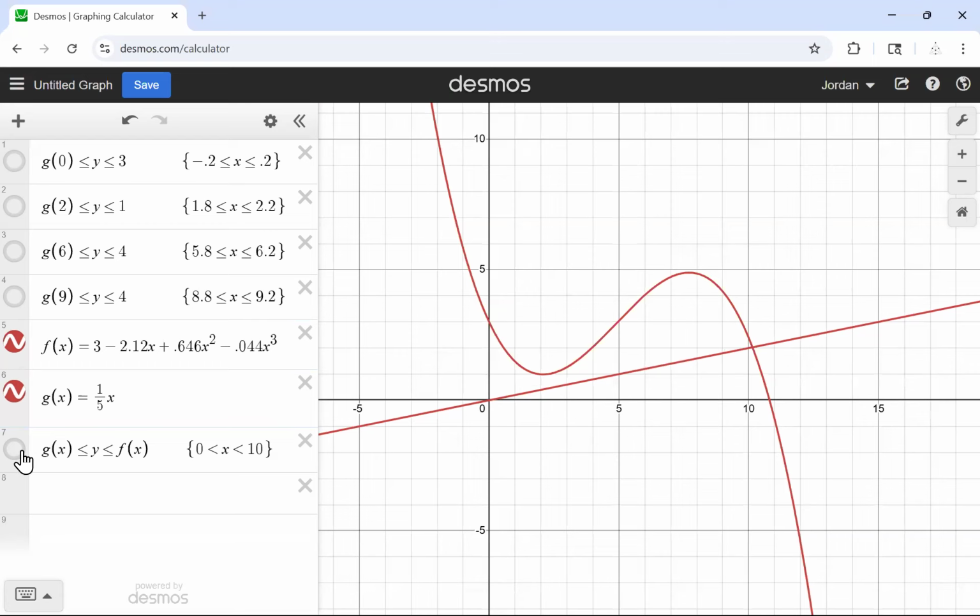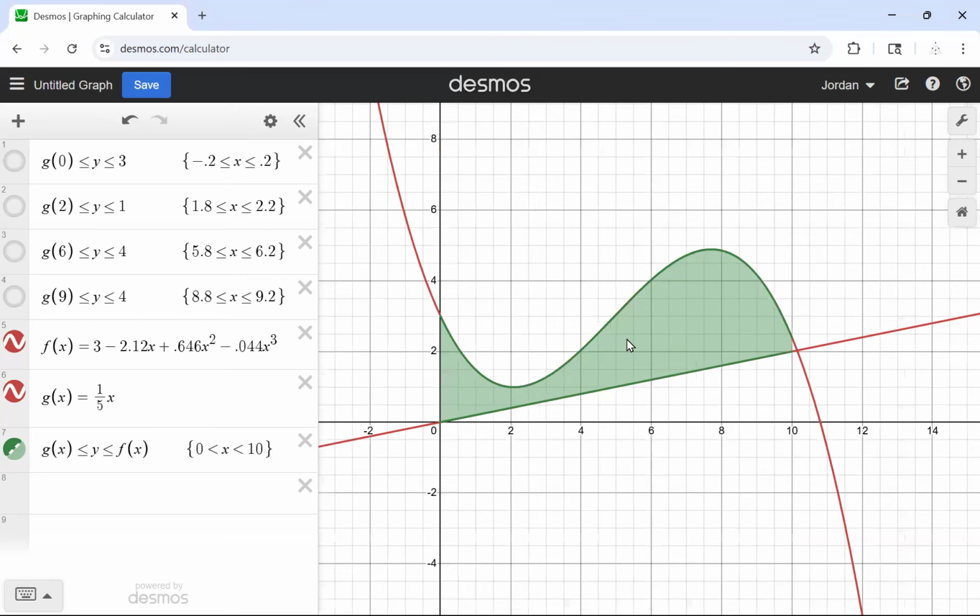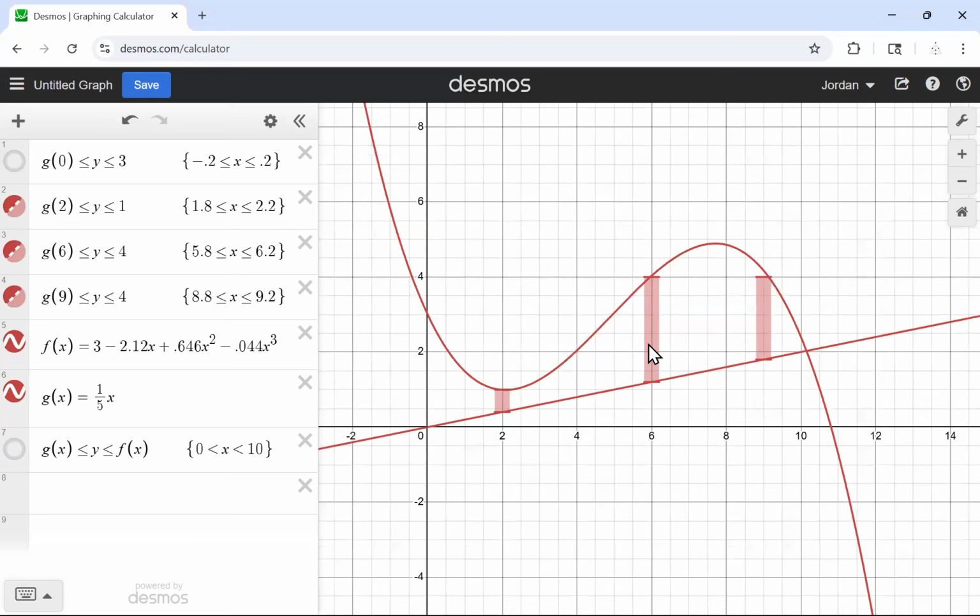So let's say I want to find the center of mass of this weird planar lamina object from x equals 0 to x equals 10. Well, I'm going to be drawing rectangles in here at different places, and then I'm going to be using those rectangles to find both the mass and the moments.